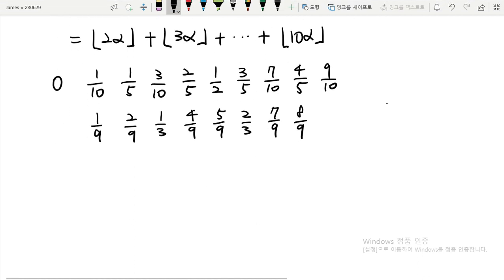And how about 8 alpha? 8 times alpha to be an integer. This 4 over 8 is equal to 1 over 2. It's already counted, so we should not include the 4 over 8 again.